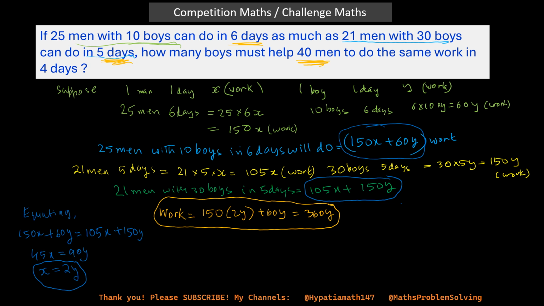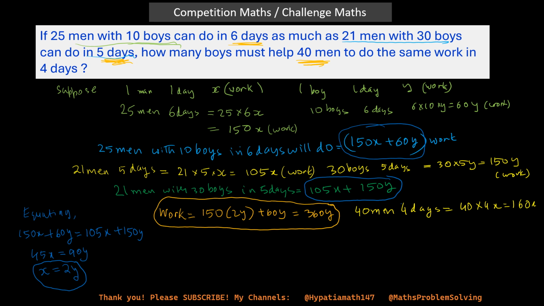So let's find out, 40 men in 4 days, how much can they do? Let me write it out. 40 men in 4 days would do 40 times 4x, so that is 160x, because the men do x amount of work.